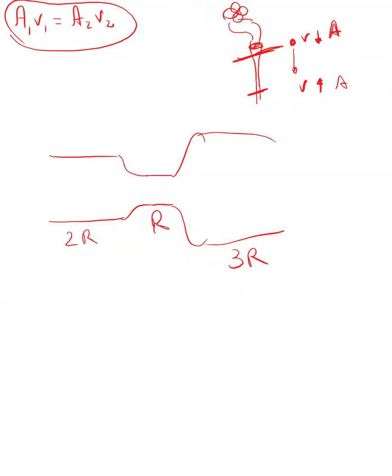The question is, in which section does the water flow the fastest and the slowest? And if you remember what we just said, if you look at this formula, hopefully this question is very simple. The answer is that the water has to flow the fastest in this region where the pipe is the narrowest, and it flows the slowest in this region where the pipe is the widest.